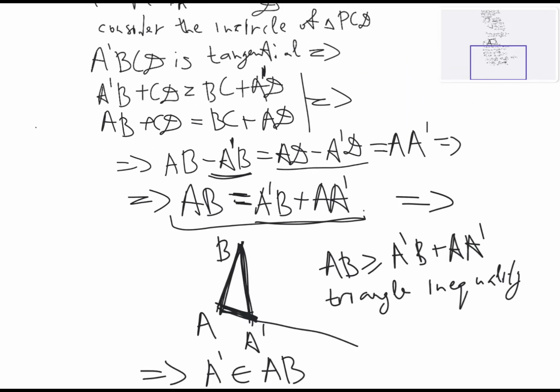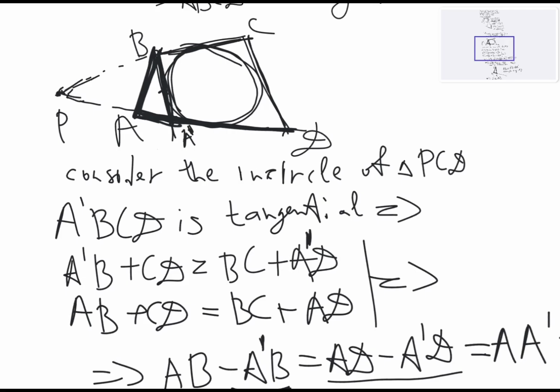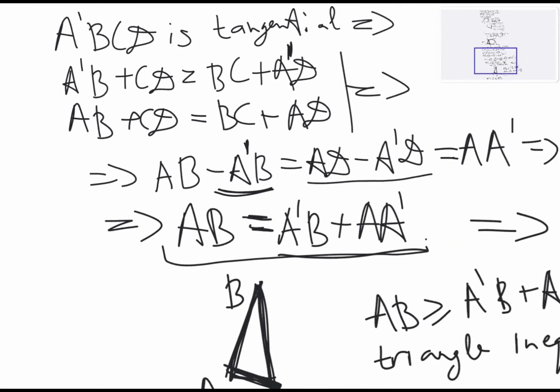But A prime was constructed as the intersection point of the tangent from B to this circle with the line AD. So by construction it lies on the line AD, right? If it also lies on the line AB, as we proved, the only possibility is when A prime is equal to A, the same point.